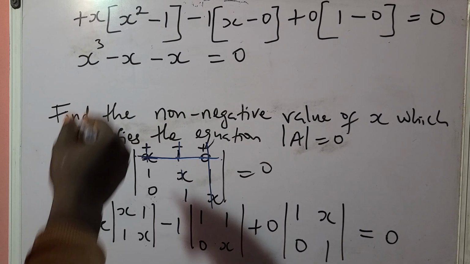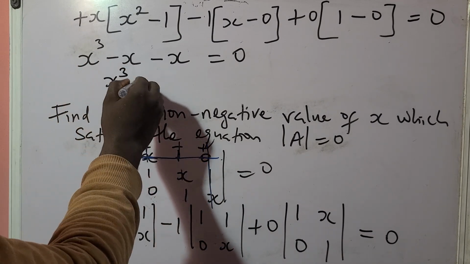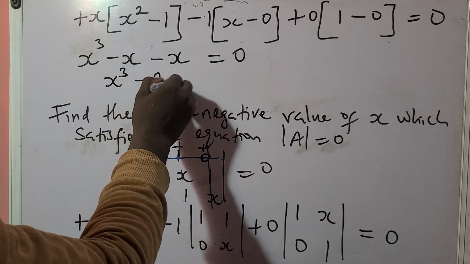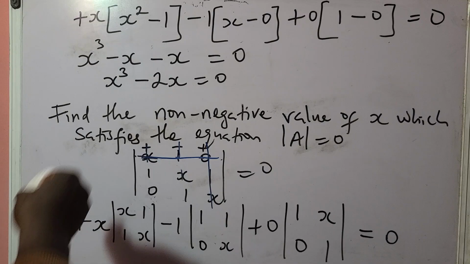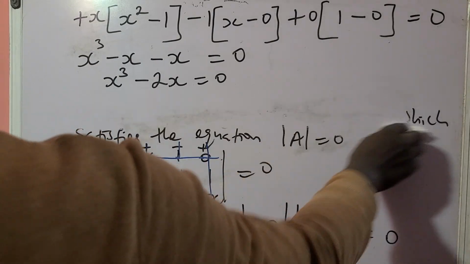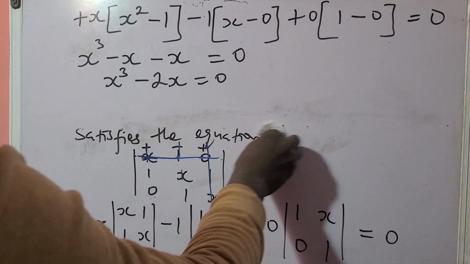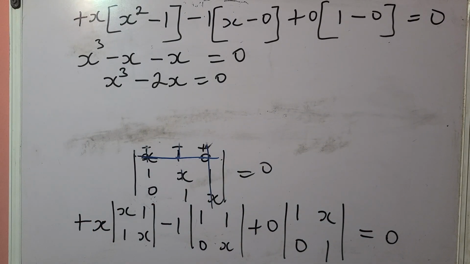So what we have to do next is to keep solving, which we will have x cubed minus 2x equals to 0. Now, obviously, this is an algebra. It has resulted to an algebra which we can easily solve by factorizing x.